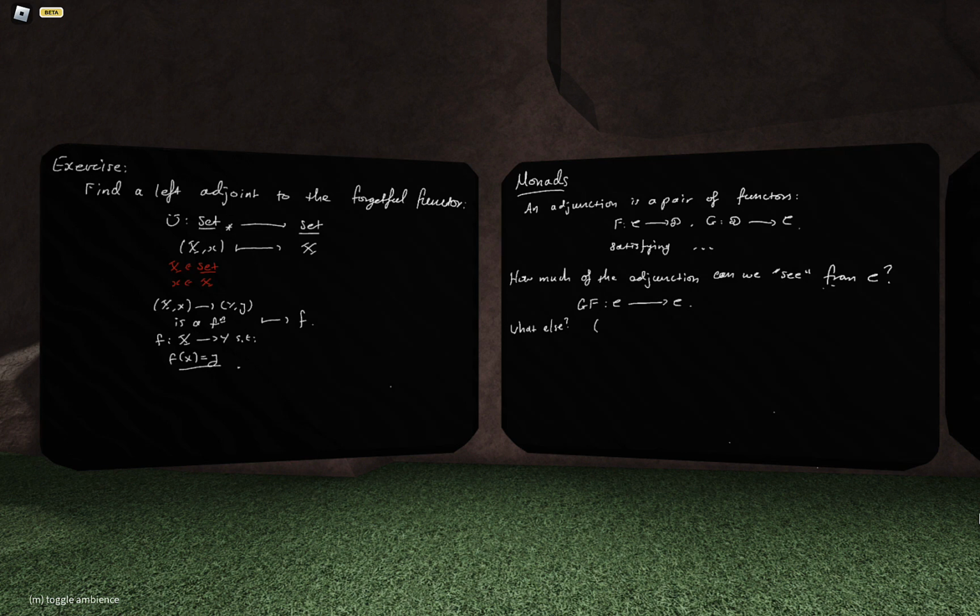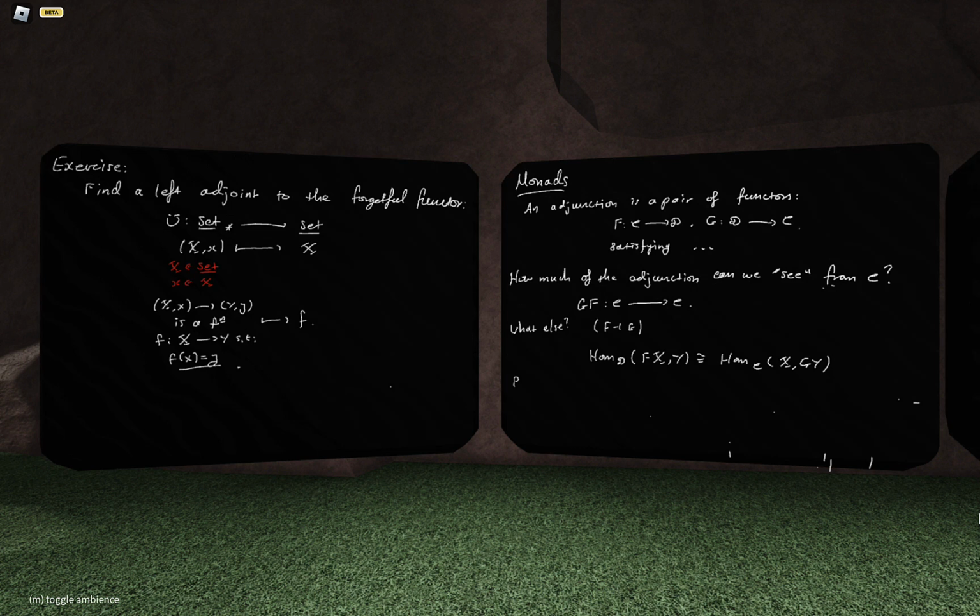Well, let's assume again, as we have been, that F is the left adjoint to G, and then recall that we have this natural bijection of Hom sets, Hom(Fx, y) to Hom(x, Gy). We can notice that this natural bijection holds for all objects y inside the category D, right?